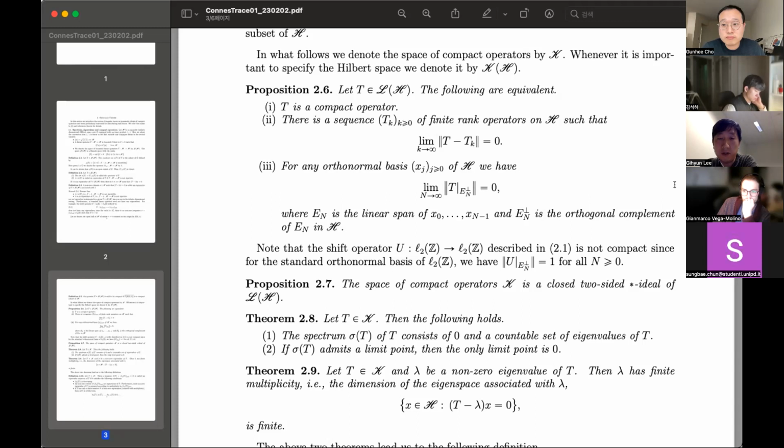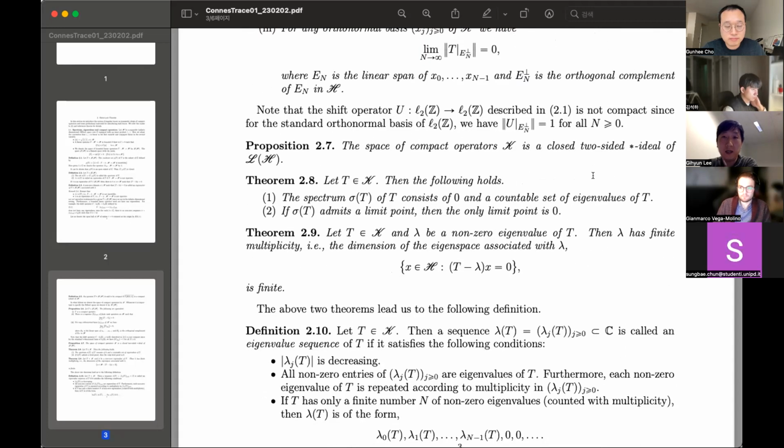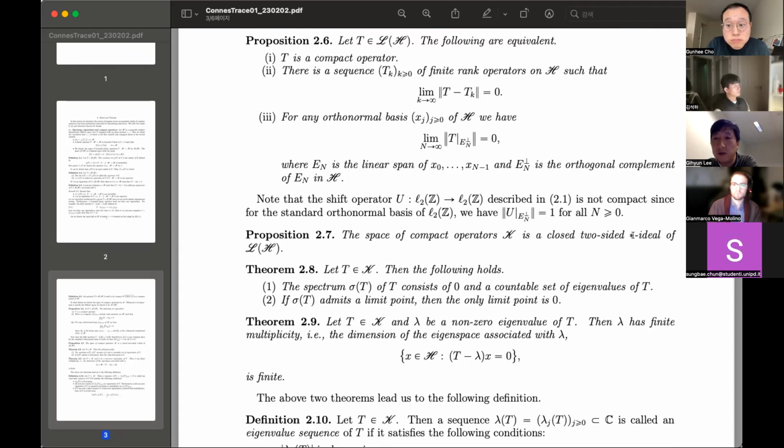The shift operator I mentioned above is one of the typical examples of a non-compact operator, which is not an identity operator, and also the identity operator on the Hilbert space is not a compact operator. One of the basic results concerning the space of compact operators is that it forms a closed subspace of L(H), and it forms a two-sided ideal of L(H), and it's closed under the Hilbert space adjoint.